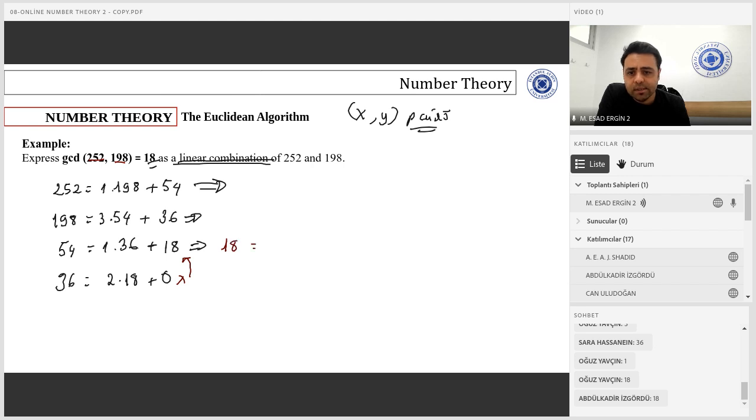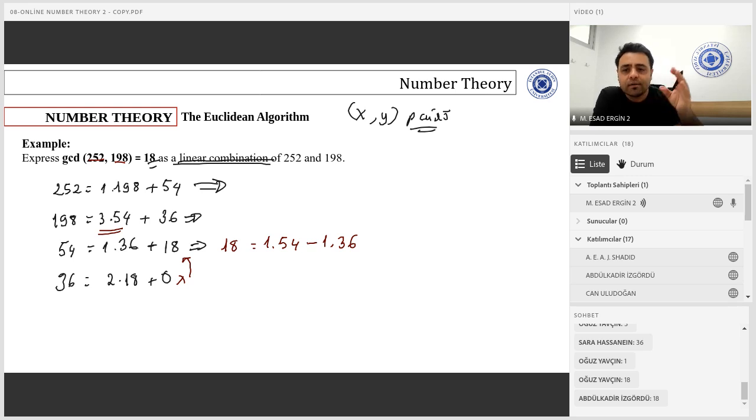18 equals 1 times 54 and minus 1 times 36. Do not try to multiply. For example, in this case, do not multiply and write the result of 3 times 54. Just use that.